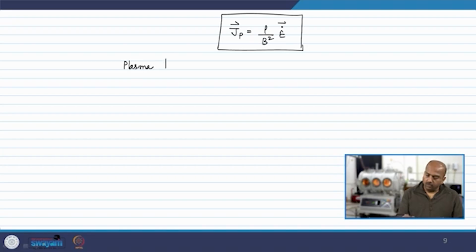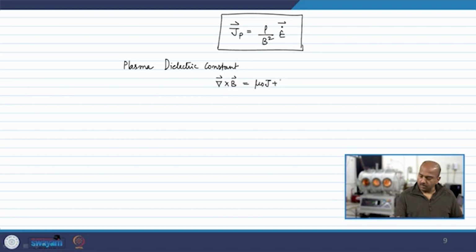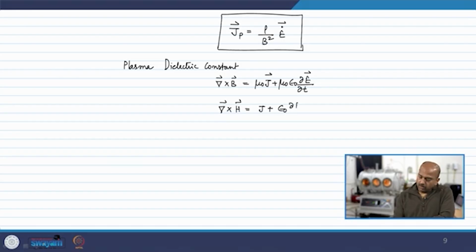Plasma, we know what a dielectric constant is. Okay. So, generally from the Maxwell equations, we know that del cross B is mu naught J plus mu naught epsilon naught dou E by dou t, or we can write it in terms of H as del cross H is equal to J plus epsilon naught dou E by dou t.